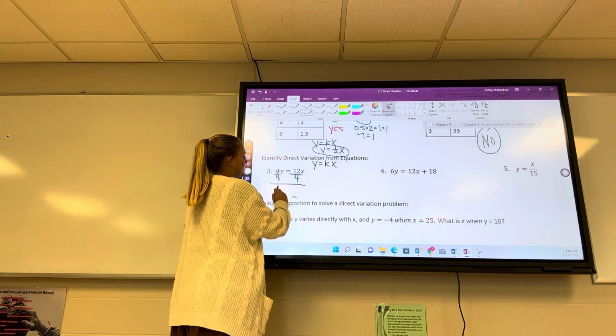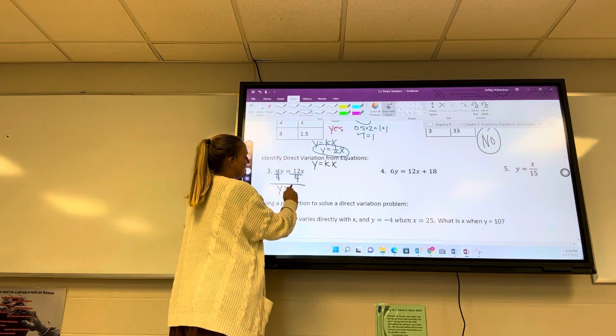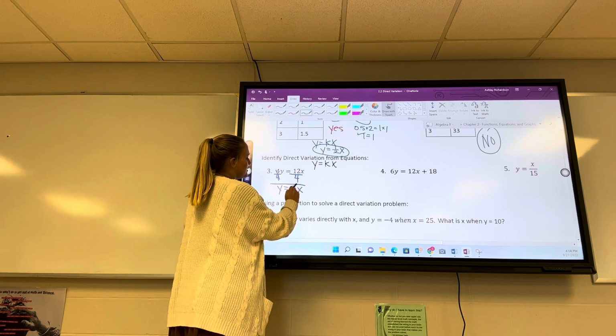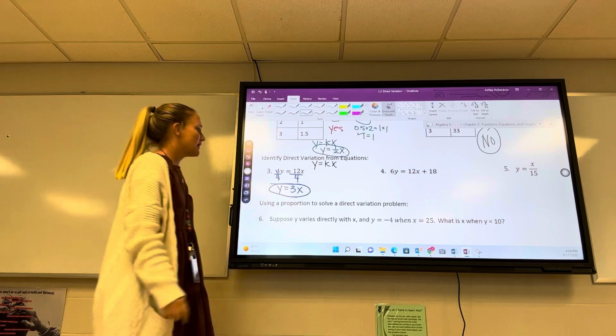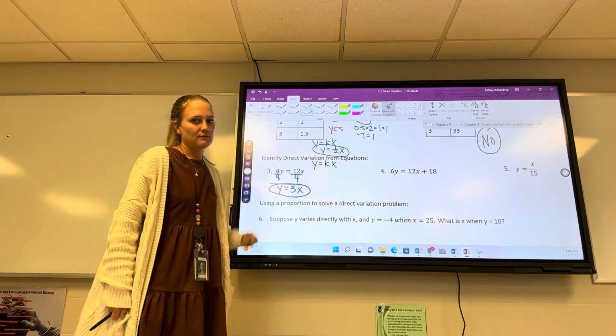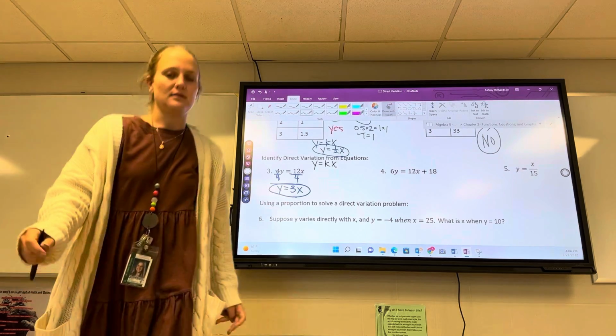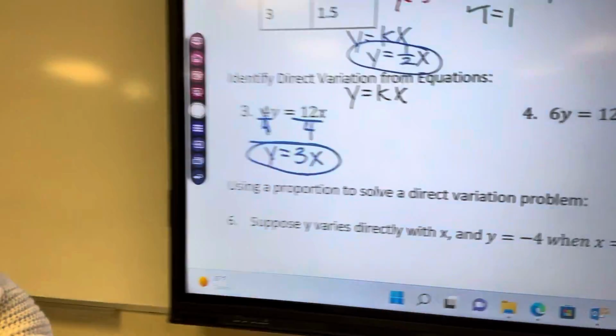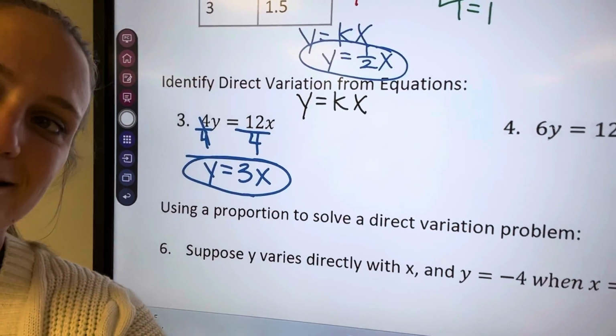So 4 divided by 4 is 1, so I just have y. 12 divided by 4 is 3. So y equals 3x, which means my constant of variation is 3 in this case. I don't feel like you guys can see this super well. So y equals 3x.